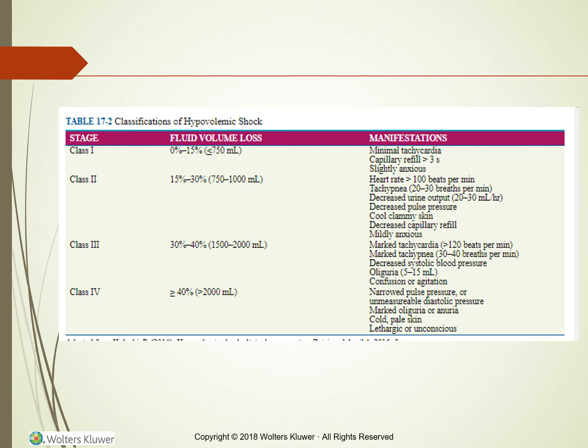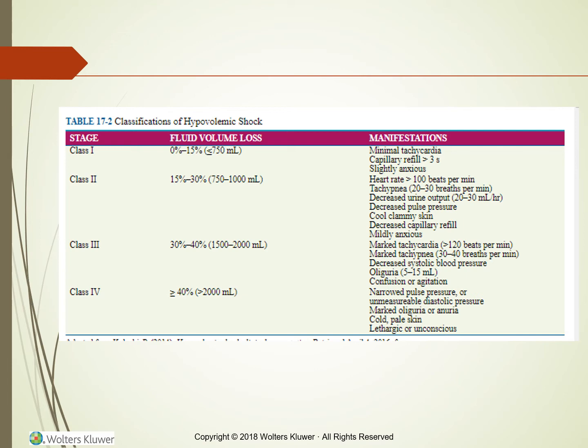Class 3 is a 30 to 40% fluid volume loss between 1,500 and 2,000 milliliters. There is a very strong tachycardia, greater than 120 beats per minute. There's also tachypnea, in this case even faster breathing, 30 to 40 breaths per minute, a decreased systolic blood pressure, oliguria, which is a very scant amount of urine, between 5 and 15 milliliters, and the patient has confusion or agitation.